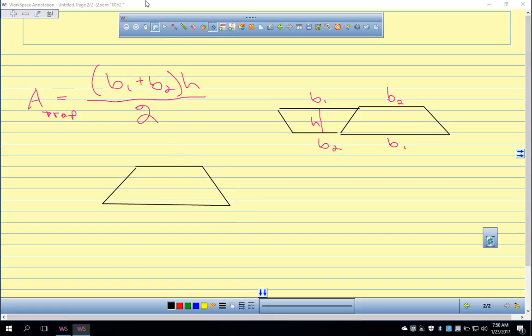This is 6. This is 6. This is 10. This is 5. What's the area?